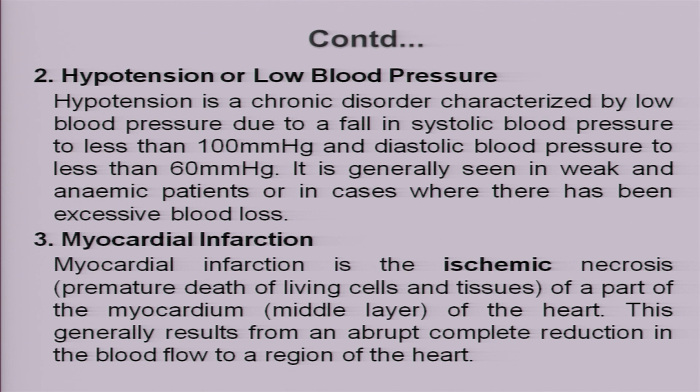Now, the third disorder of the cardiovascular system is myocardial infarction, wherein there is premature death of the living cells and the tissues of the heart. In this condition, the middle layer of the heart, the myocardium, the cells might die, and this can generally result from an abrupt reduction in the blood flow to a certain region of the heart.